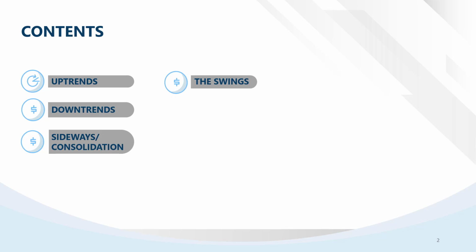Then we've got downtrends, that is market moving to the downside, what we refer to as bearish. Then we've got sideways. Sideways is what we call a consolidating market which is in a range. Then we are also going to talk a bit about the swings. These are the swing high and the swing lows.